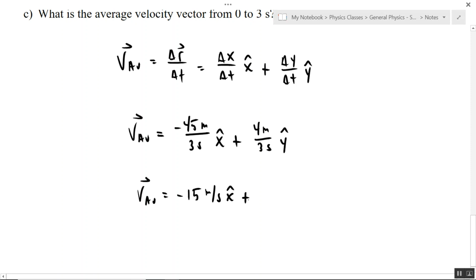I'm just going to write it as 4/3. I'll explain the units in a second. 4/3 is 1.33 if you want to write it as a decimal, but it's better to leave it like that. For the units, you divide the units from delta x and delta y by the time, measured in seconds, so you get meters per second. Average velocity, and velocity when we get to it, is measured in meters per second, or length per time. That's the units.